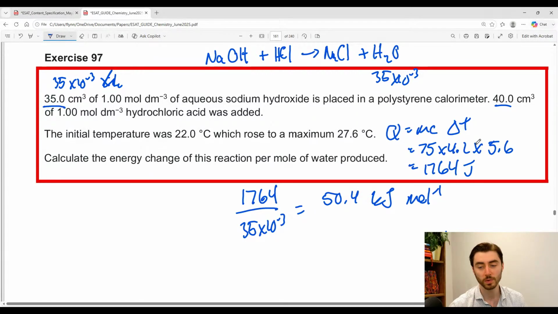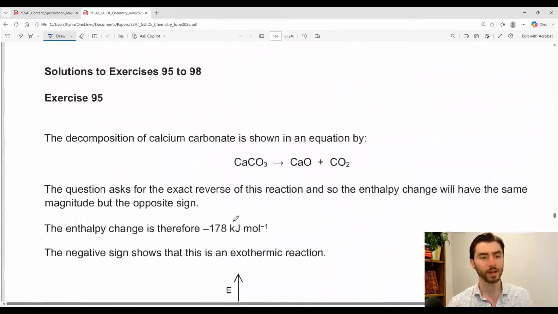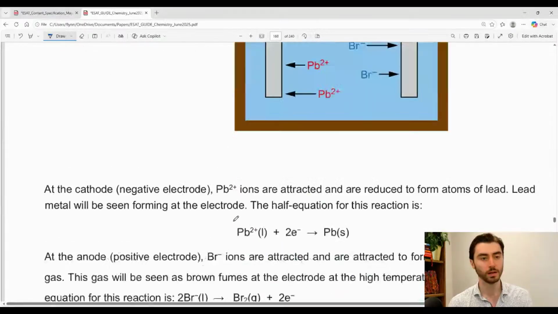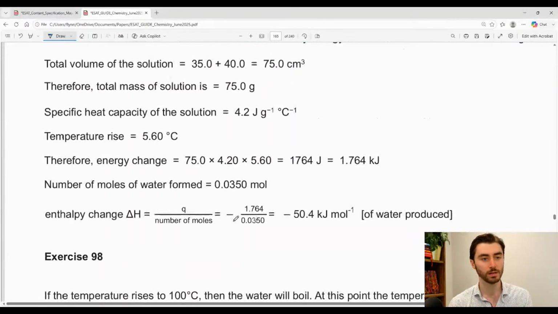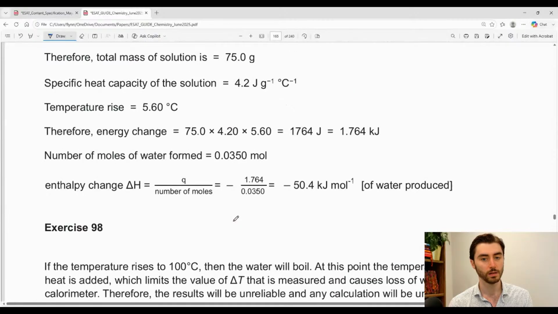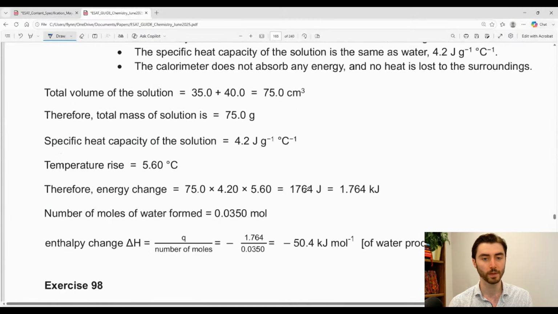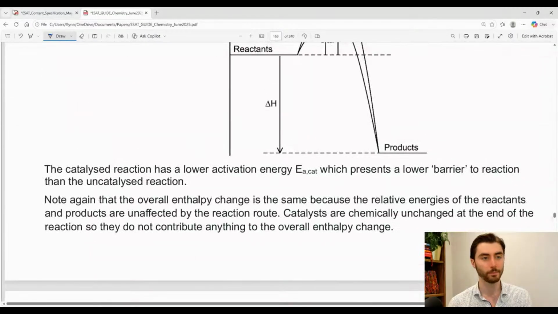You work out Q equals mc delta T to get the energy and divide by the number of moles, being very careful that the mass is the total mass of water present in the reaction when everything is added together. Let me just check that answer. You're not going to tell me what the answers were? Oh, yeah, 50.4. Good. Okay.